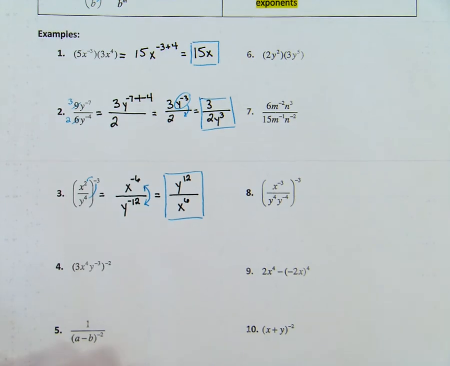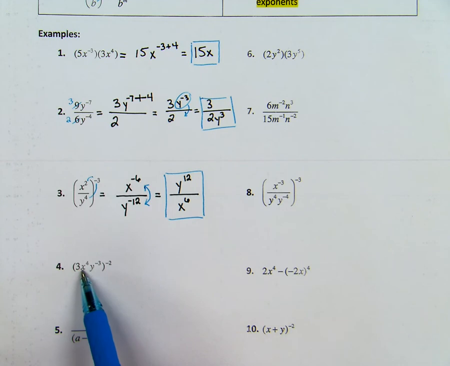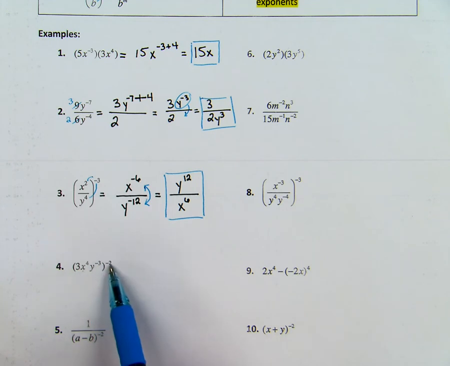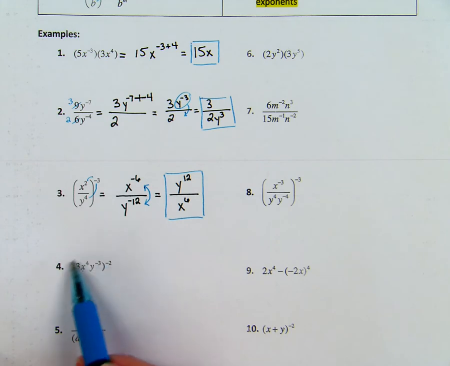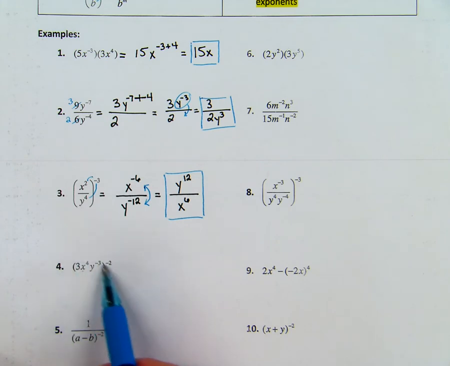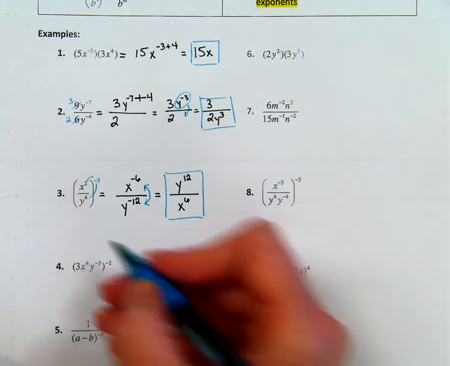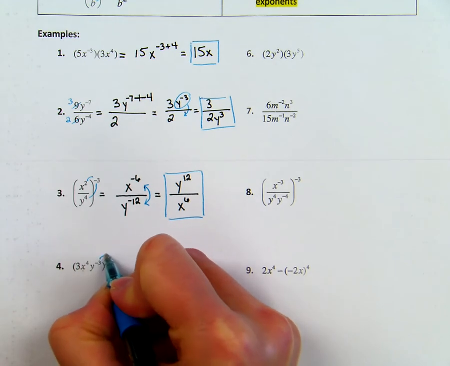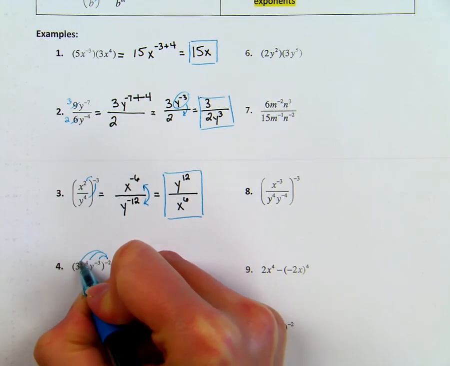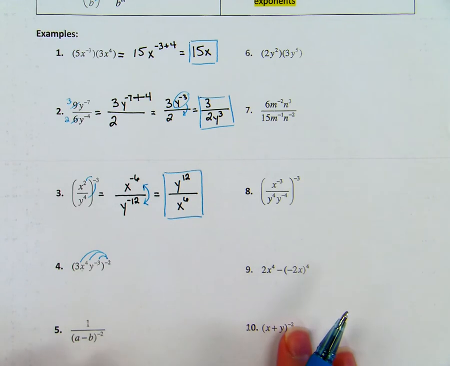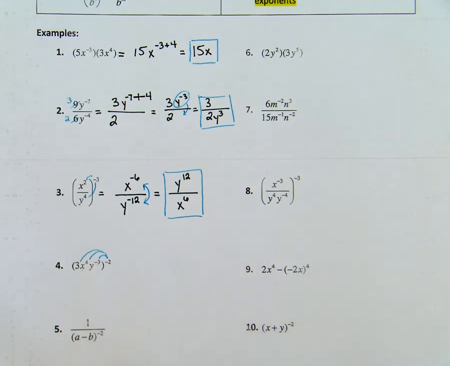Number 4. 3x to the 4th, y to the negative 3rd, all raised to the negative 2nd. Again, notice we have different base numbers here, but everything is raised to a negative 2nd power. So this problem is very similar to what we did in number 3, in that we can distribute that exponent through the quantity.